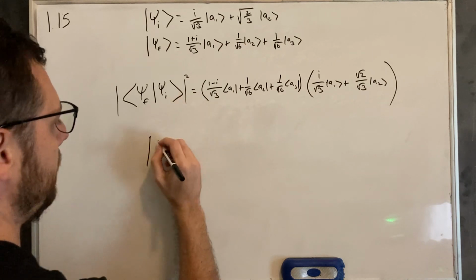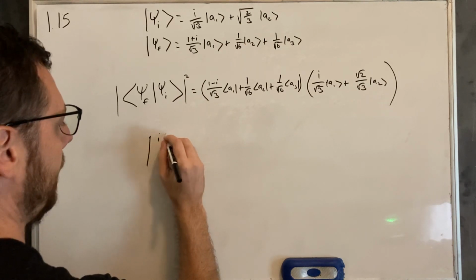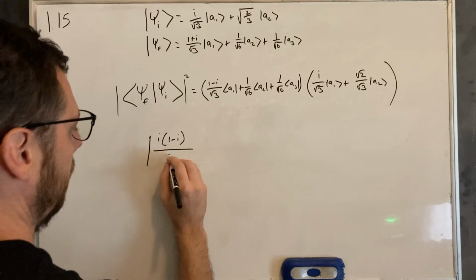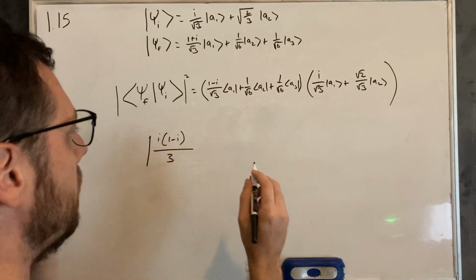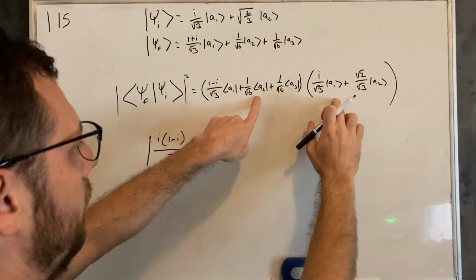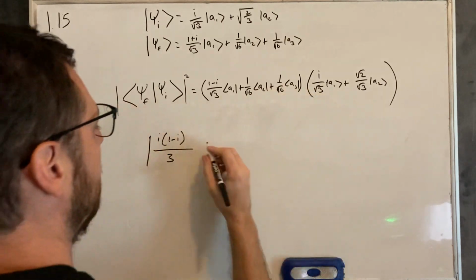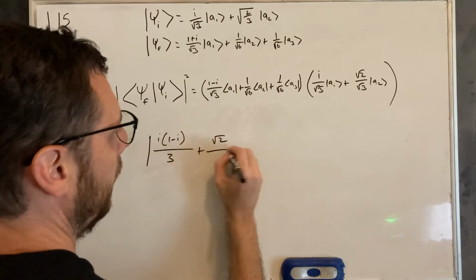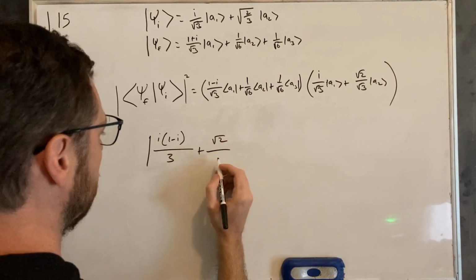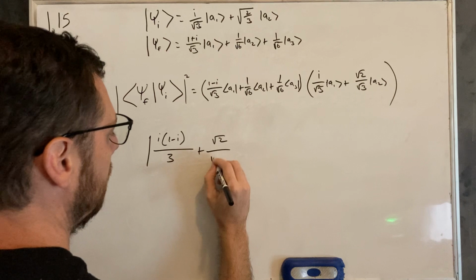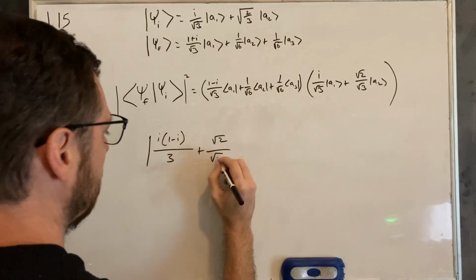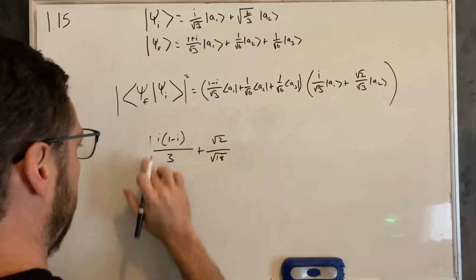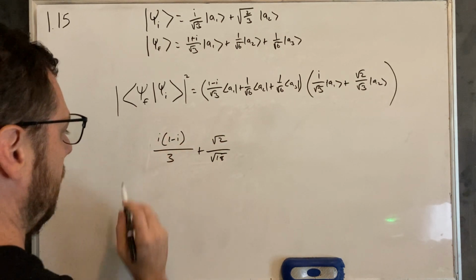So that's going to be i times 1 minus i over 3. Our A2 terms are going to be plus, we'll have root 2 in the numerator. And looks like root 6 and root 3 make root 18 in the denominator. And we're going to square this.